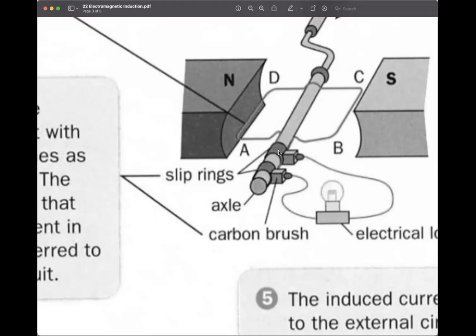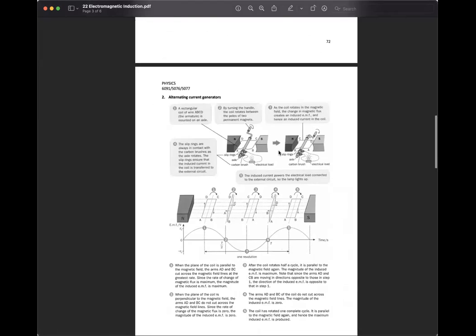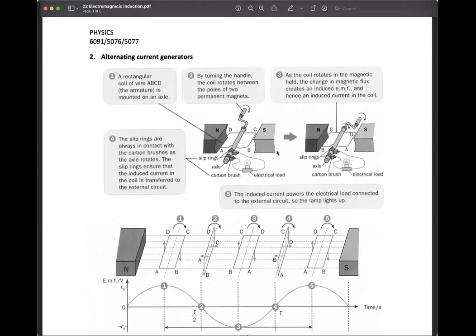In the previous topic, we talked about the split ring commutator, which makes sure that every time there's a 180-degree turn, the current changes direction. In this case, you cannot use a split ring because you don't want it to change direction.